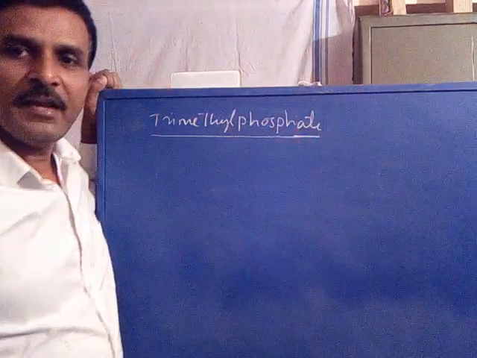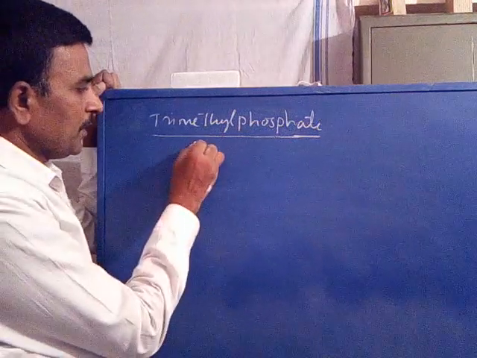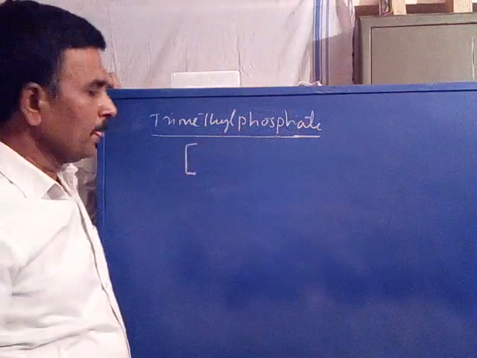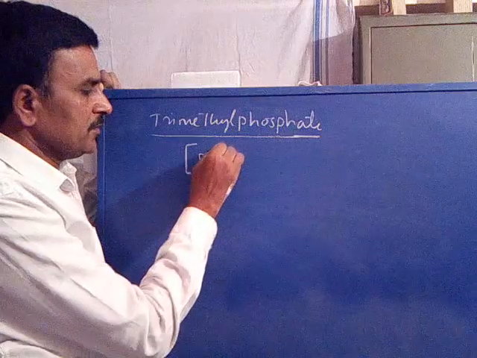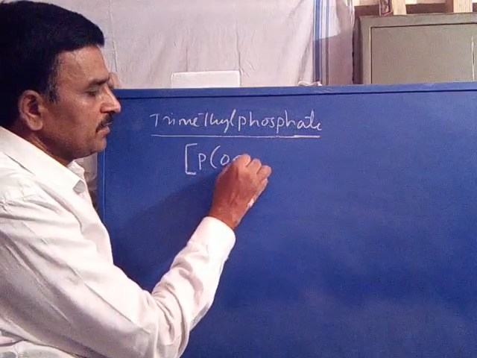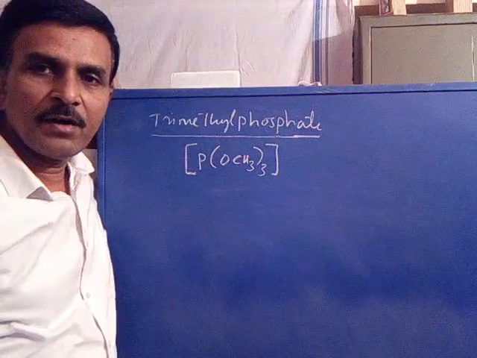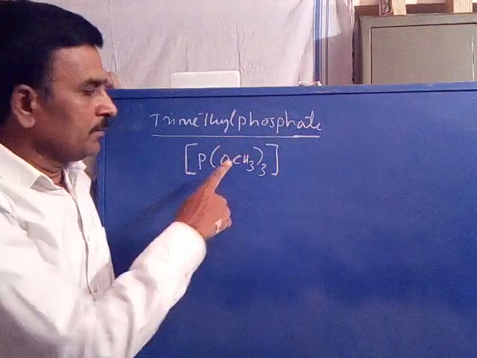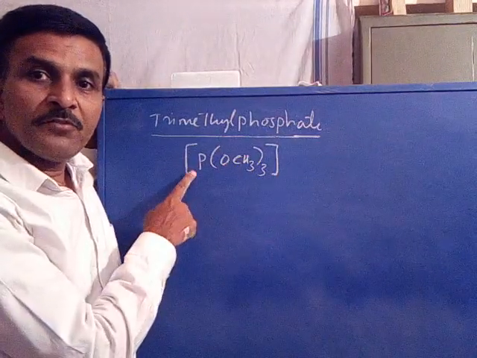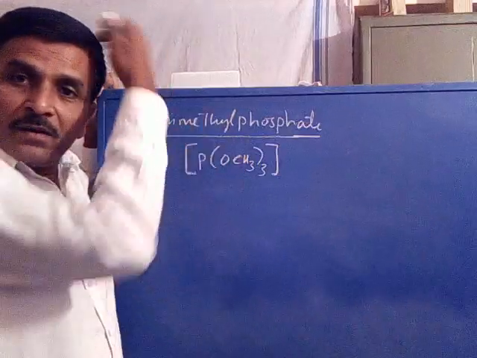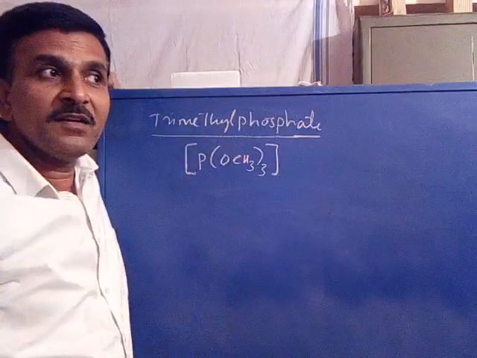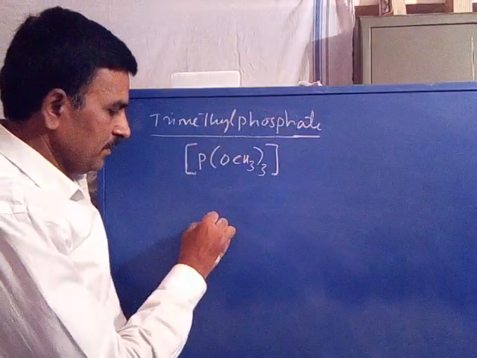This is trimethyl phosphate. Its formula is P attached to OCH3 3 times. Similar to the previous two examples, it has a distorted pyramidal structure.